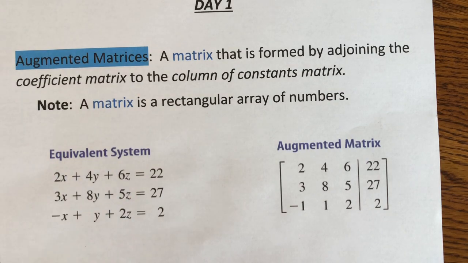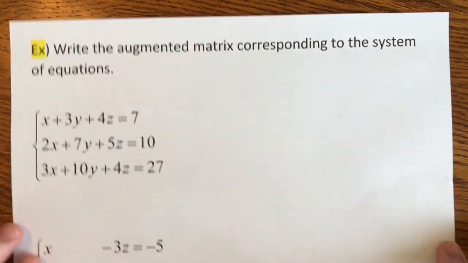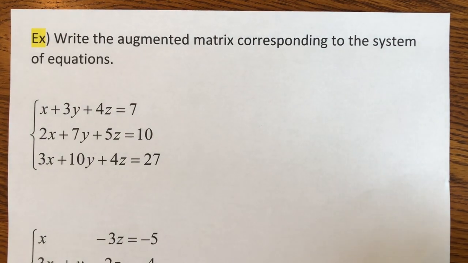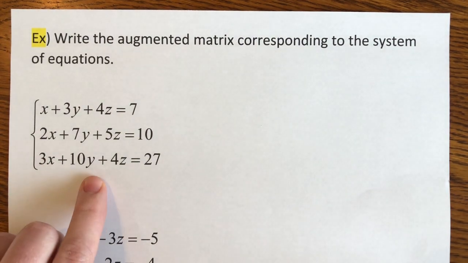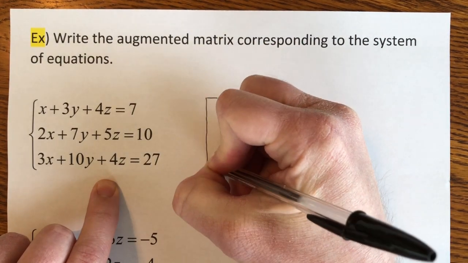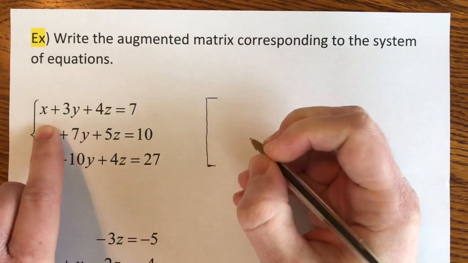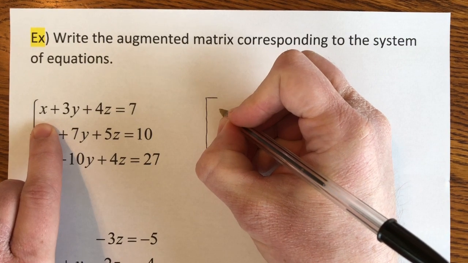All right, so with that being said, let's see if we can start off very basic, and let's rewrite these systems of linear equations as augmented matrices. So the first one would look like this. Open bracket. And then your column.